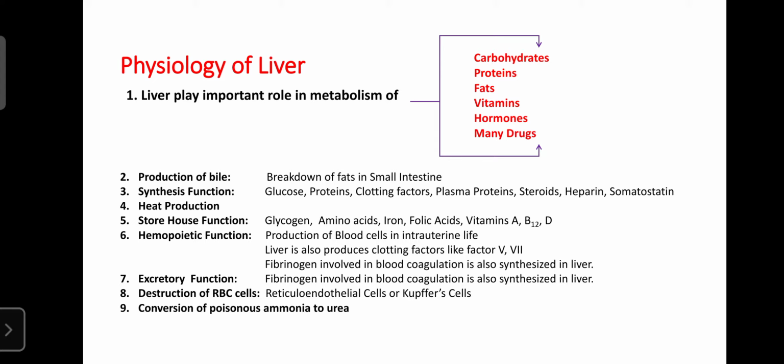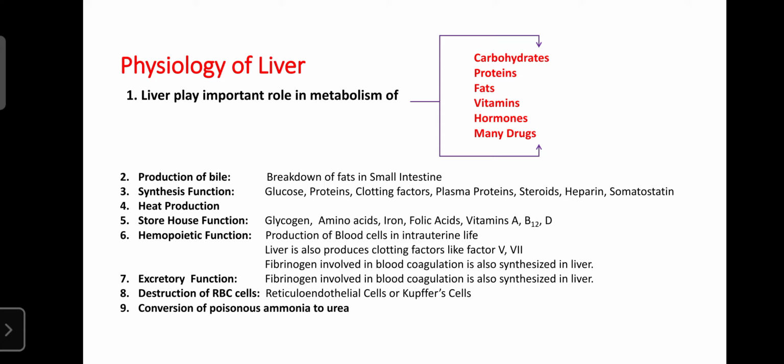The liver also has a role in protein metabolism. It can metabolize proteins and release many amino acids, and those amino acids are required for the synthesis of other proteins. So it continuously supplies amino acids to our body for the synthesis of desired or new proteins.